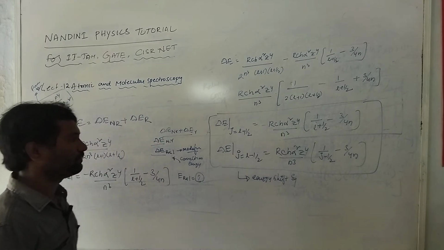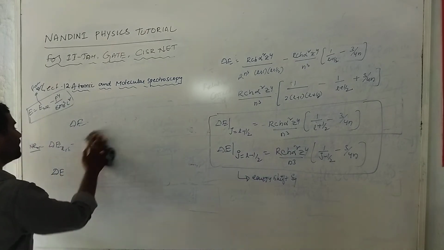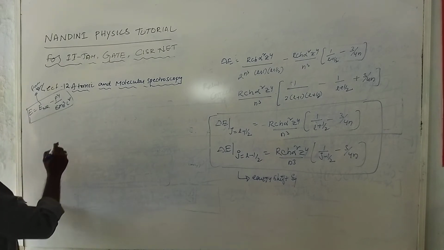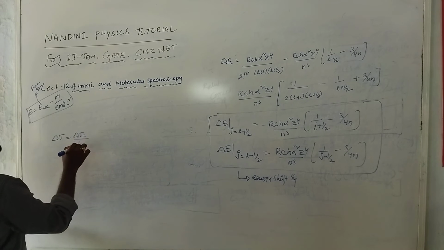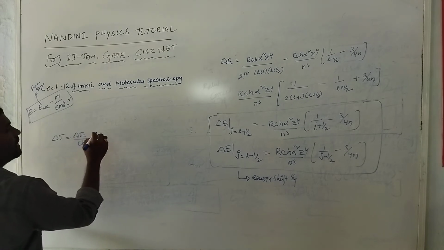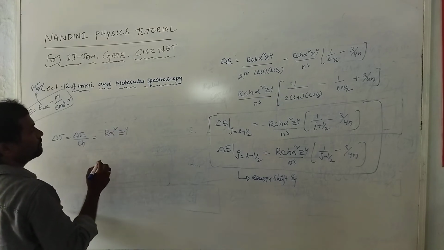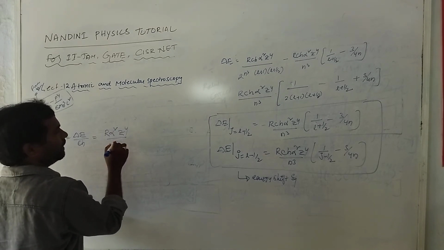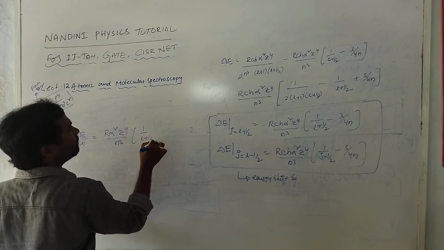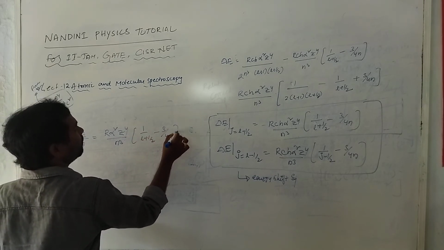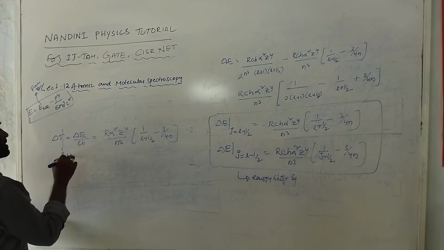Okay, so what are the term values of that equation? The term value delta T is equal to delta E by C H only. So that is called R alpha square Z power 4 divided by n cube into 1 by L plus half minus 3 by 4n. This is for J equal to L plus half.